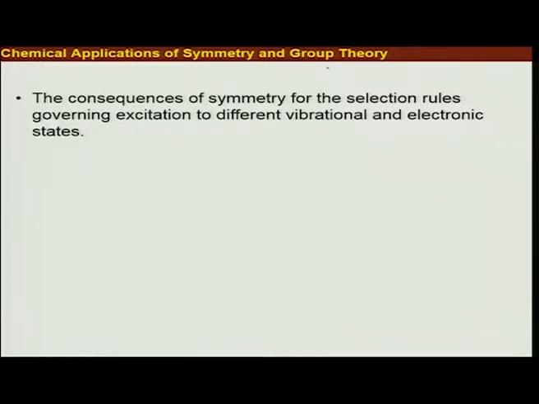So we ultimately have the situation where two states are connected by an operator, which is either a dipole moment operator or a polarizability operator, depending on the case that we are studying. So we constructed a transition moment integral involving this initial and final states, be it vibrational or electronic, and an operator.